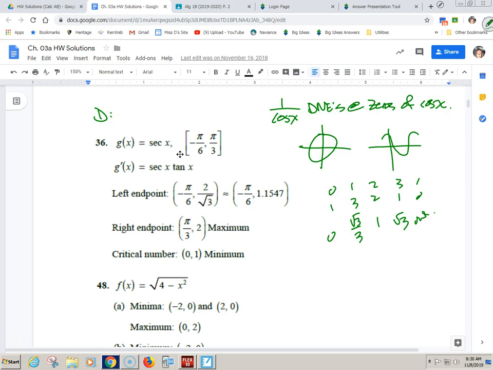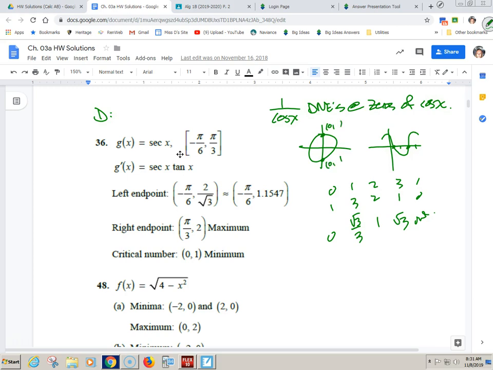I don't know which way your brain works, but all 3 of them should get you to the same answers of when cosine is 0. Cosine is 0 at pi over 2. How'd you know that? Well, that's 2 pi, that's 1 pi, and it's halfway in between where it hits the 0 at pi over 2 and 3 pi over 2.